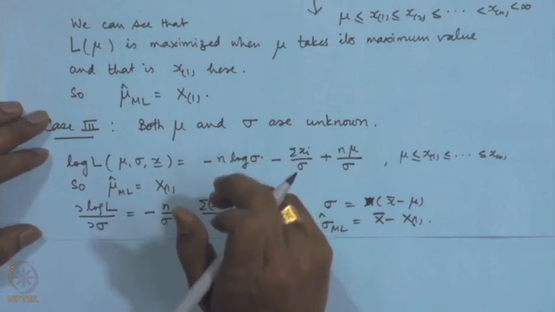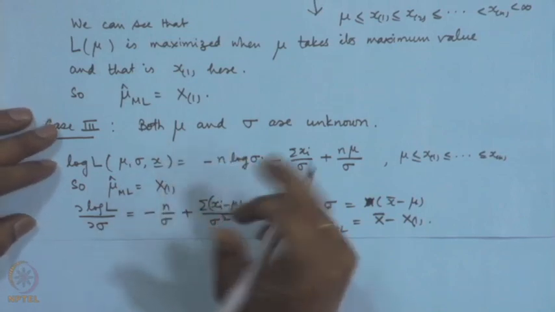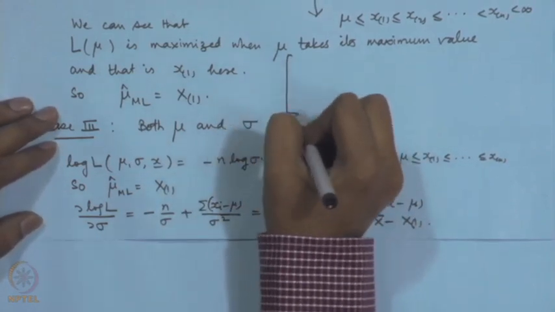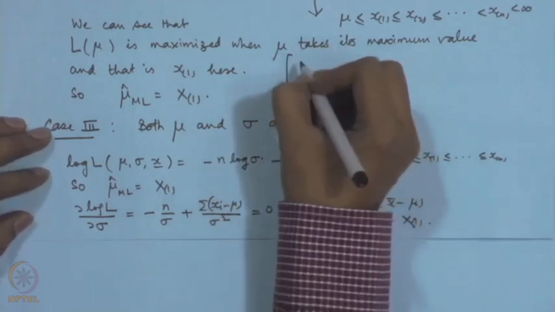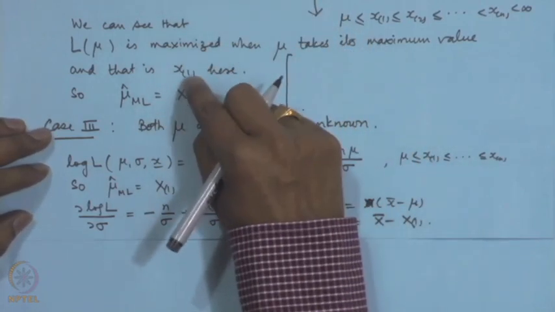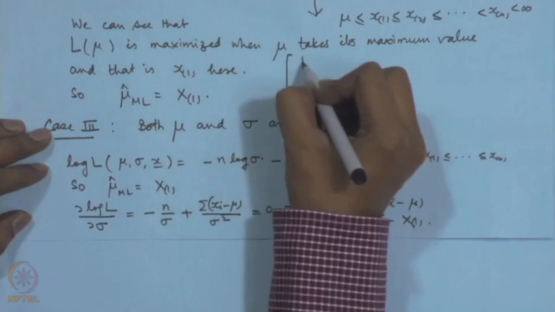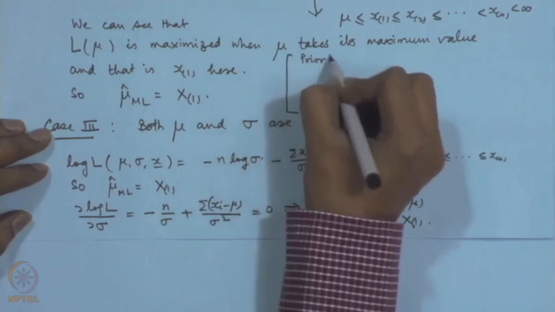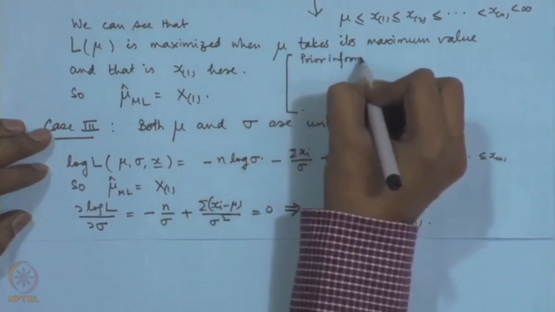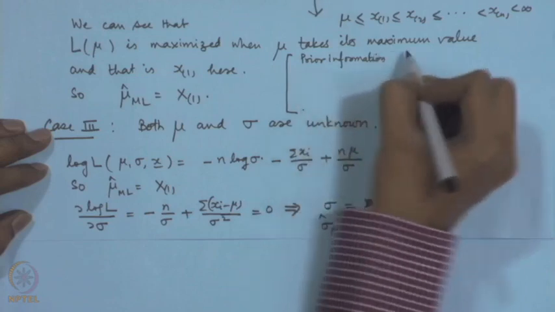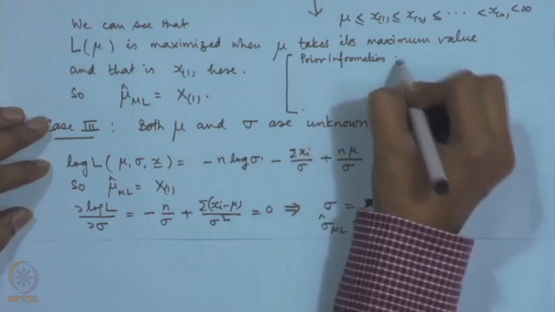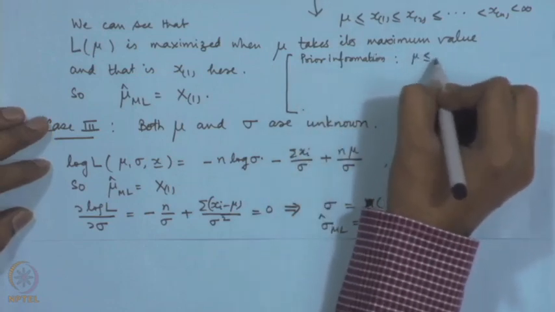Now, in this case I will also consider some special cases. Here let us consider when sigma was known, suppose I have additional prior information about mu in the form, say, mu less than or equal to 0.